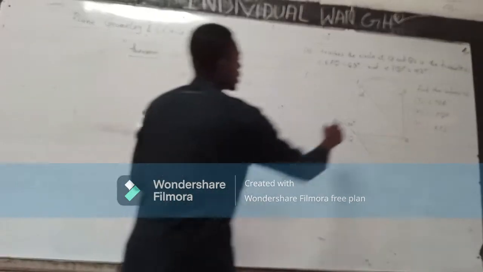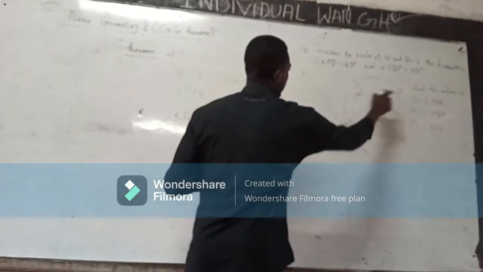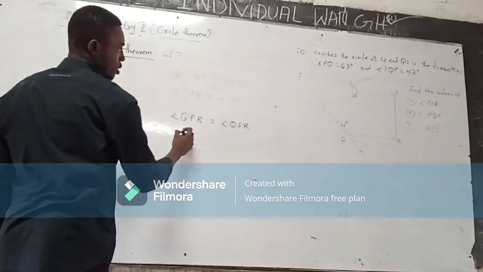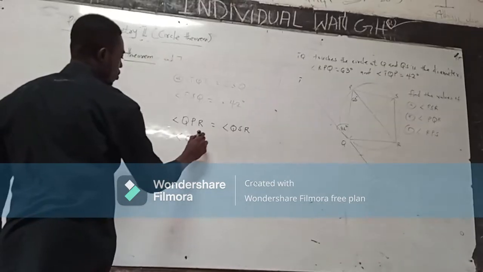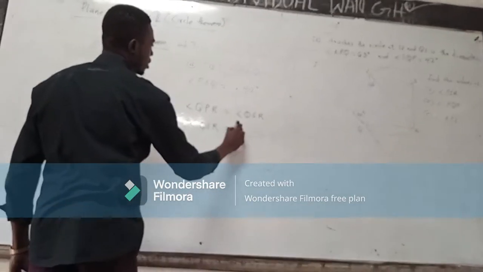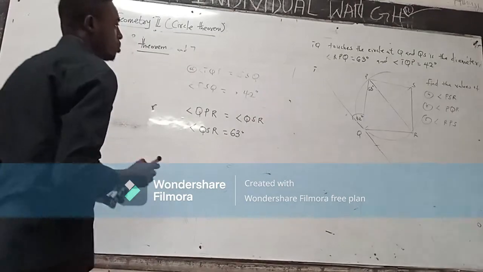So it means that if here is 63, here is going to be what? 63. So angle QSR is equal to what? 63. We are just building.